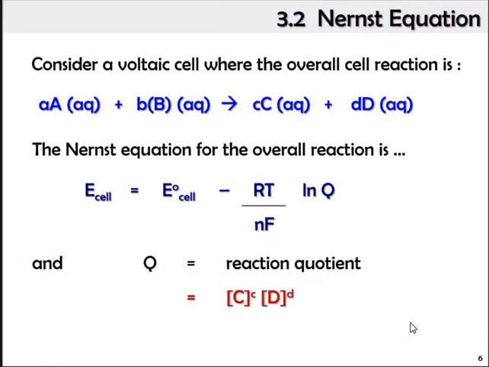Q is the reaction quotient, concentration C power of c times concentration D power of d, where the small letters are coefficients, over concentration A power of a, B power of b.